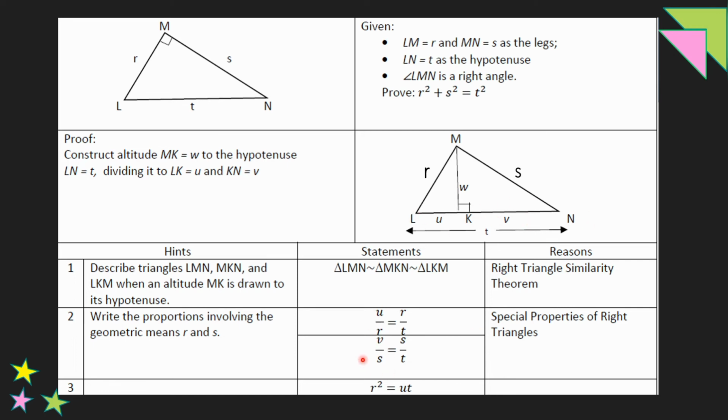So the ratio here is longer leg over the hypotenuse of the triangle formed versus the original triangle. The reason is special properties of right triangles.